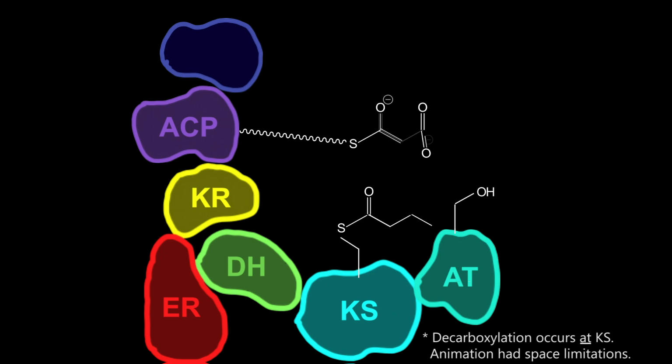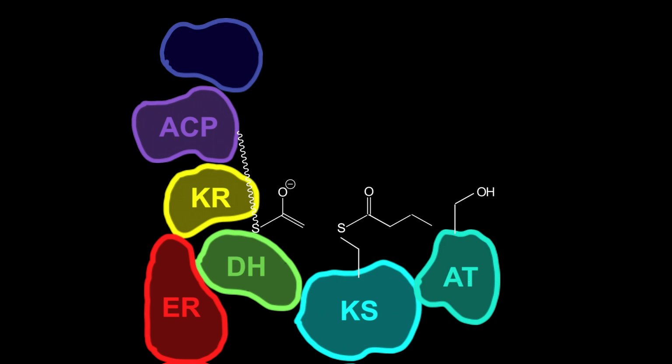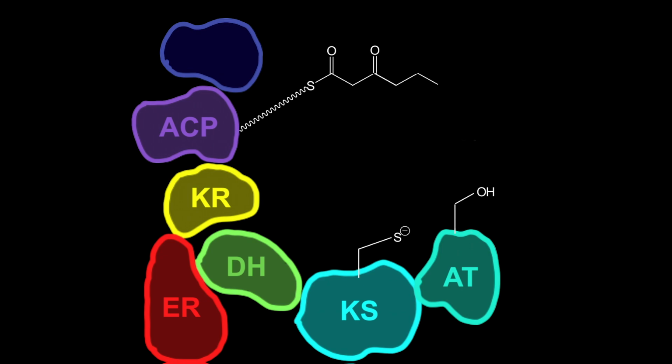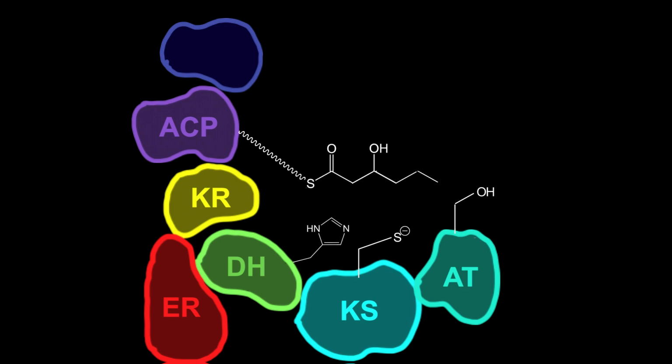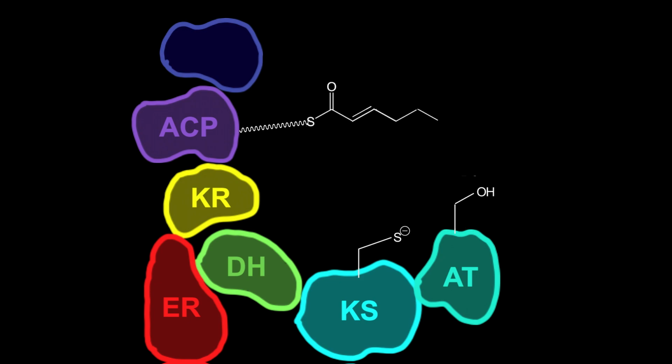Malonyl-CoA decarboxylates to form a nucleophilic thioester enolate, which then attacks the molecule on the ketosynthase domain via the Claisen condensation. ACP carries this now longer molecule to be tailored, KR, then DH, then ER.